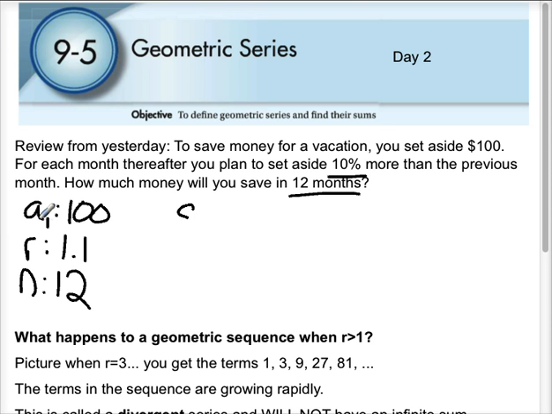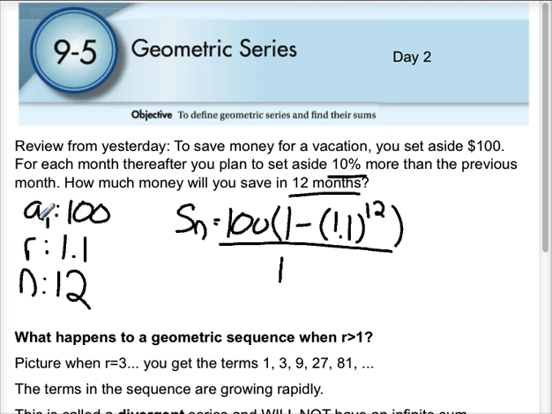So let's reflect back on that formula. Sn is A1, so 100, times 1 minus 1.1 to the 12th power, over 1 minus 1.1. All right, so 100 times 1 minus 1.1 to the 12th power.